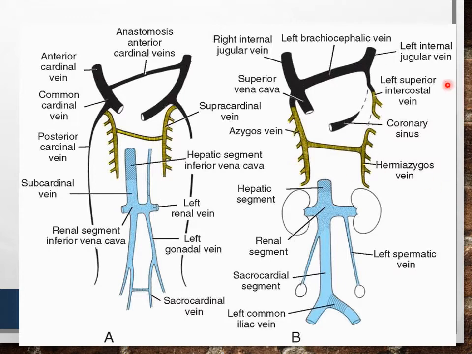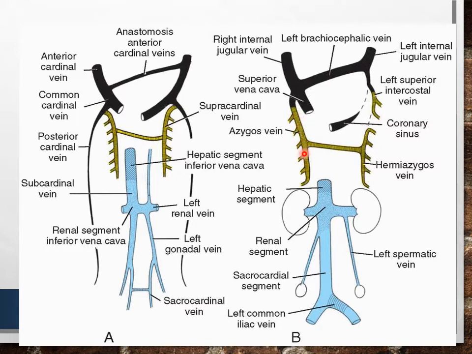On the left side, the 4th to 7th intercostal veins are going to enter into the left supracardinal vein, and this one is known as the hemiazygous vein. Here you can see this is the hemiazygous vein, and then they have this anastomotic channel, which you have seen, where the hemiazygous and accessory hemiazygous are draining initially into the azygous vein and then into the superior vena cava.